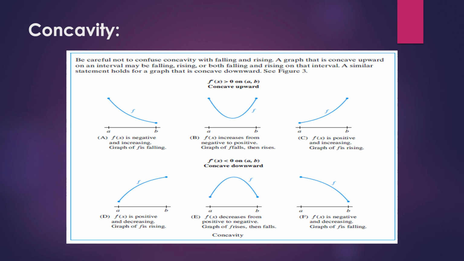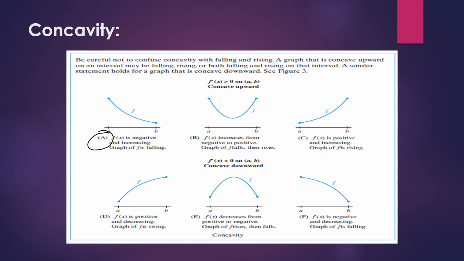So here in the first row, example A, though the slope is negative and the graph is falling, this is still concave up because the slope is increasing. Yes, it's negative, but it's becoming less negative. B is also going to be concave up, even though it does have a negative slope to start with, hits 0 and then is positive. And then example C, this is increasing everywhere, and it's going to be concave up.